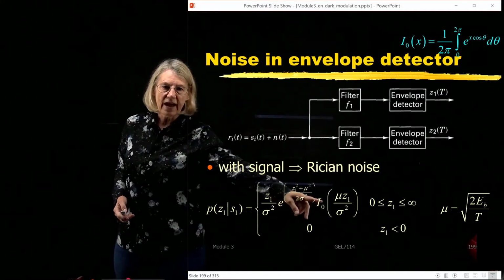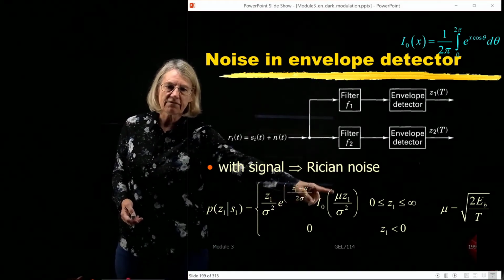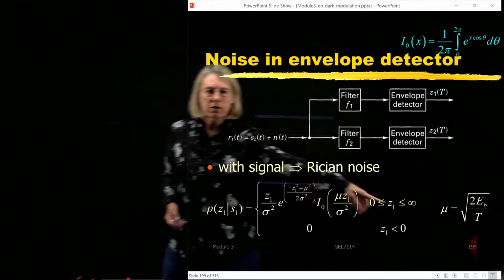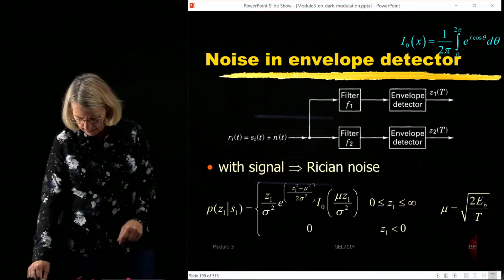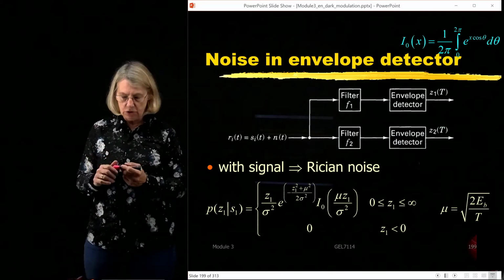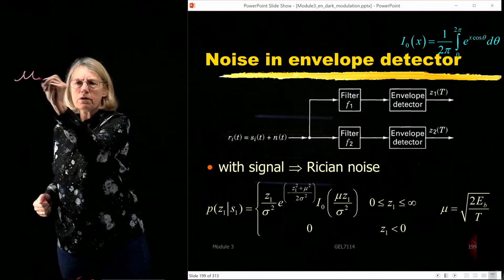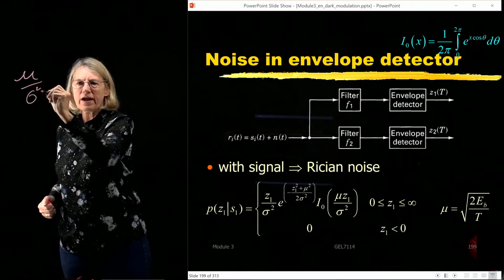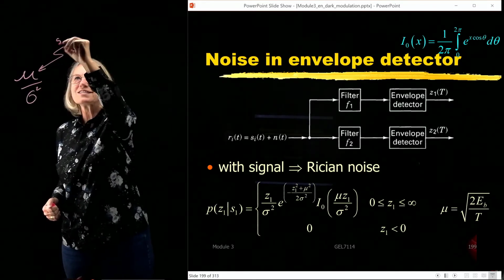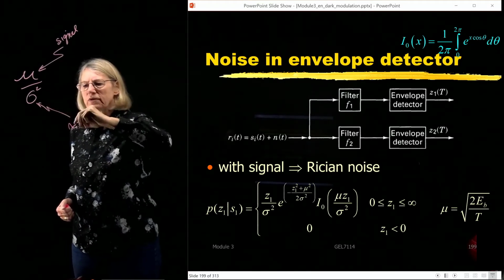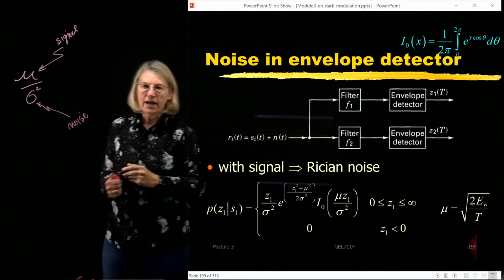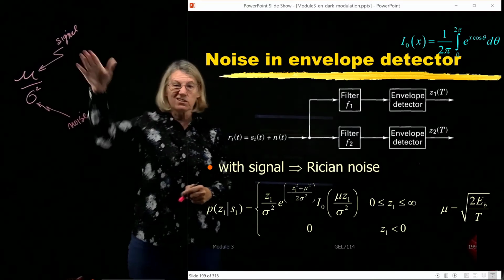And here we have this Bessel function, and the argument of it has both our mu and our sigma squared in the denominator. So it won't be any surprise to you that this mu divided by sigma squared, this part is related to the signal, and this part is related to the noise. And so I have a ratio of signal to noise.